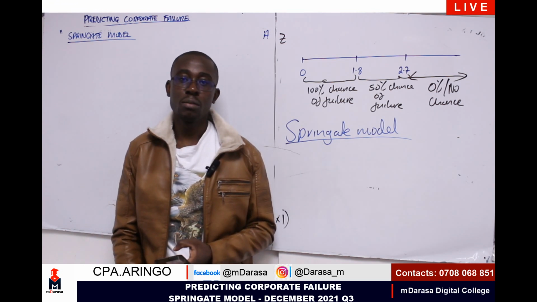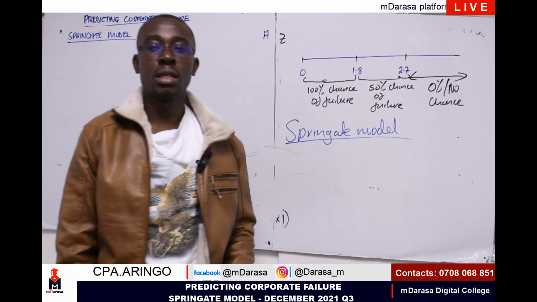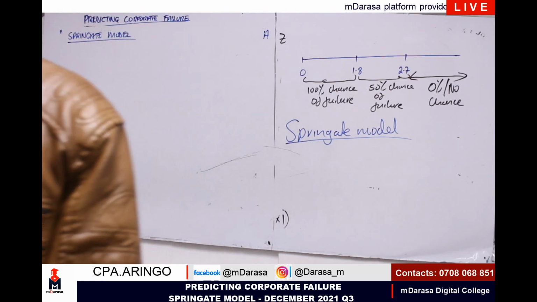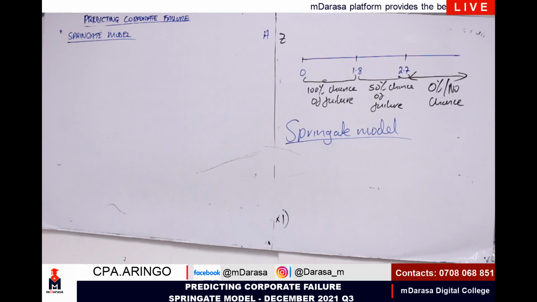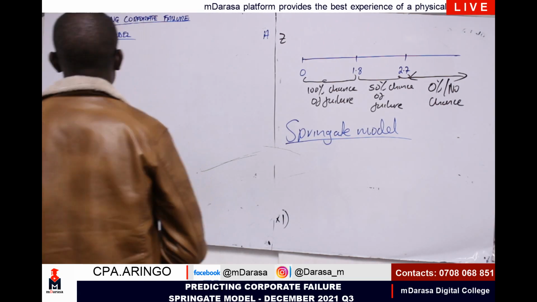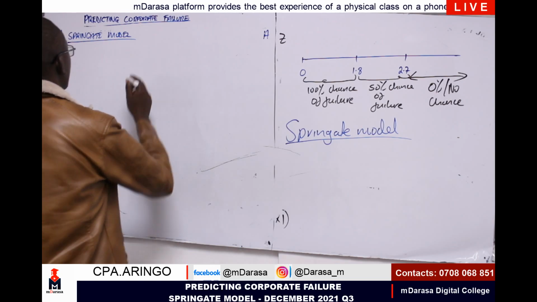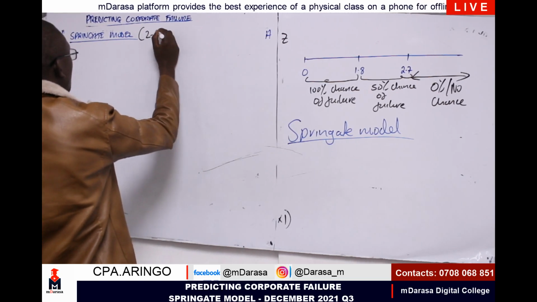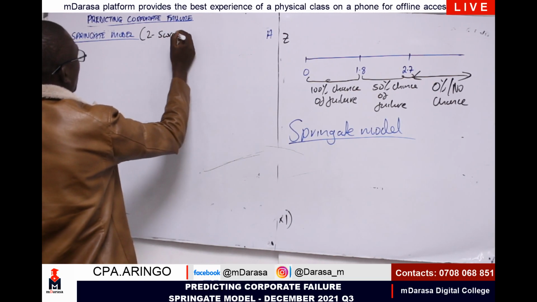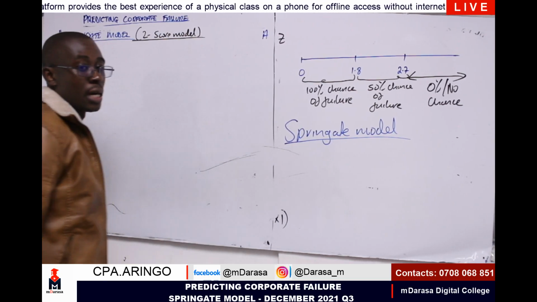What is the most important thing you should understand when talking of the Springate model? This model can also be referred to as the Springate Z-score model, because the whole idea is similar to what you did under Z-score.